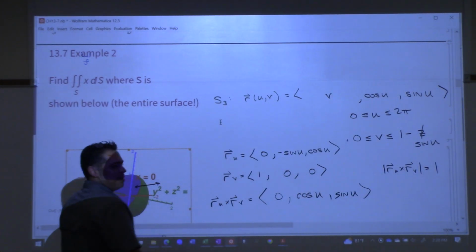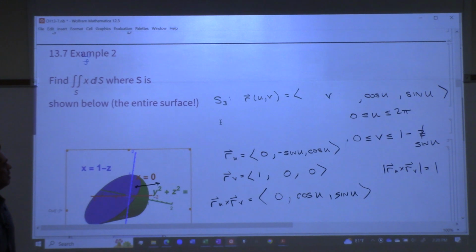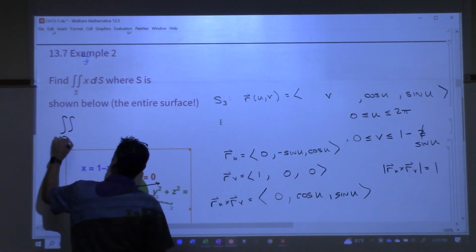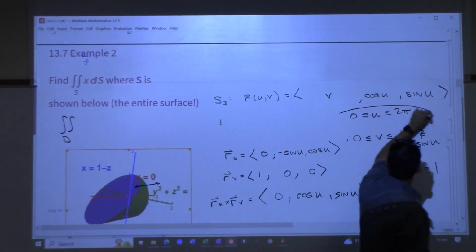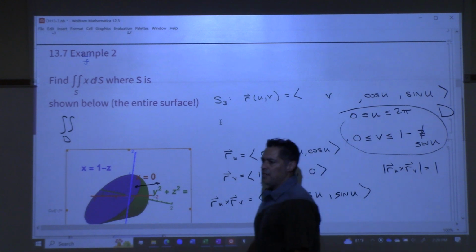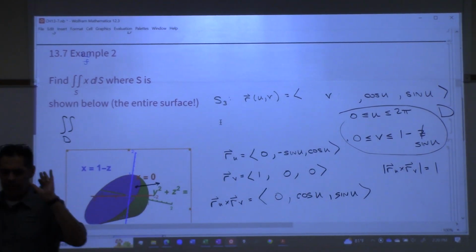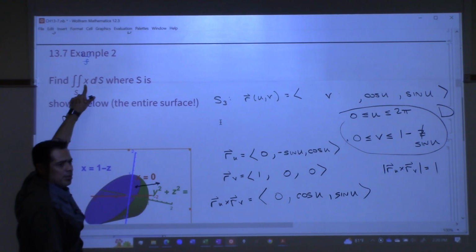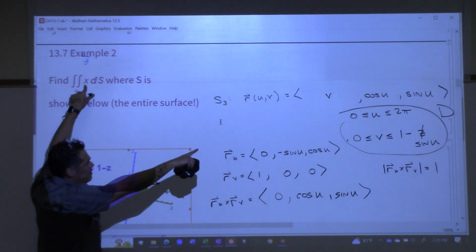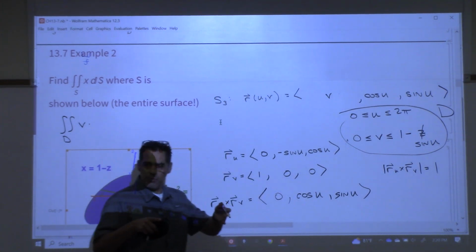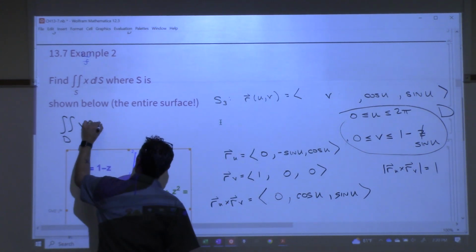All right, I'm ready to set it up now. I'm going to do the double integral over D. D is this, right? Can't see D, right? It's not on my picture. D is in the background somewhere. And now the actual scalar function f, which we said was v, times the magnitude of the cross product of the partials, which was 1, and then dA.